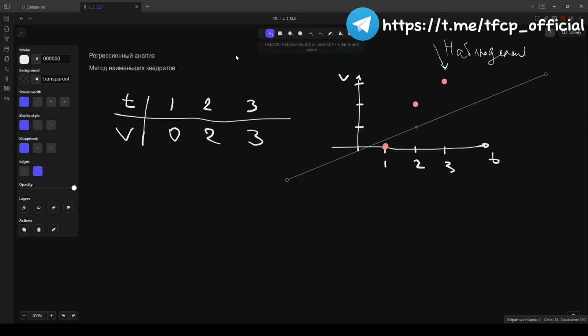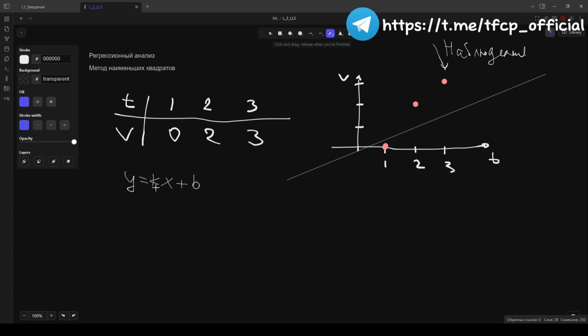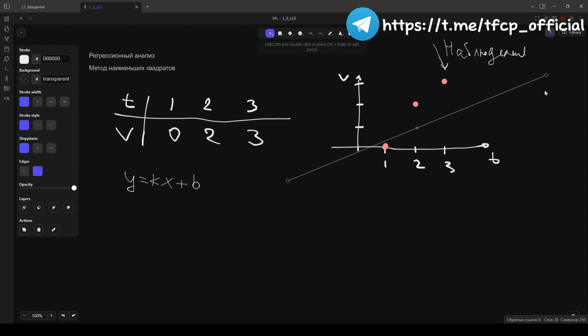Well, it's clear that if it's a line, it is defined by some equation y equals kx plus b. Depending on the values of k and b, this line will change. That is, it can be like this, it can be like that, or some other way.